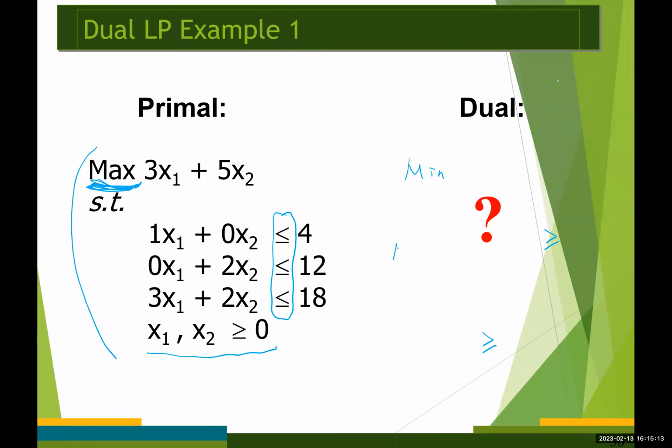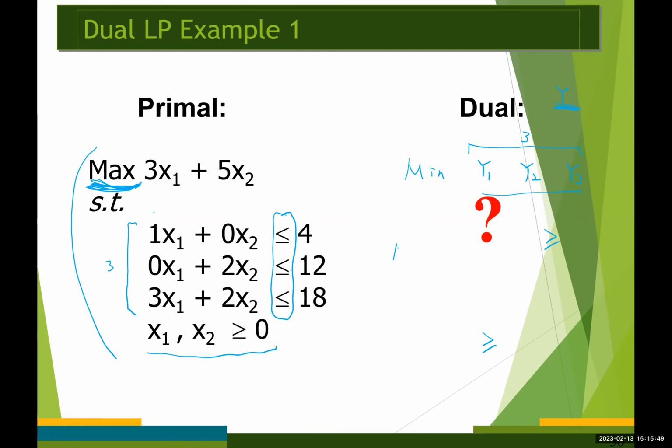So if I use y as the dual variable, then I'm gonna write down y1, y2, y3, right? How do you know we have three dual variables? Because there are three primal constraints, right? So we must have three dual variables, okay?